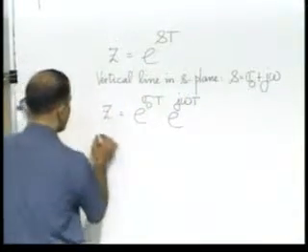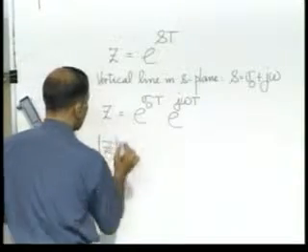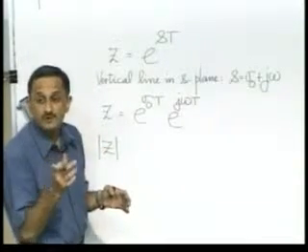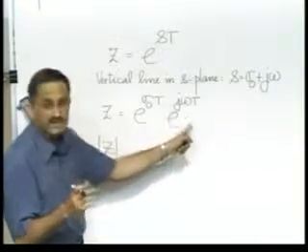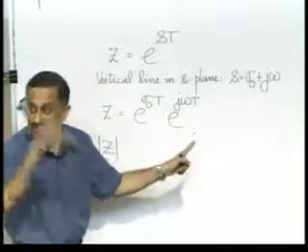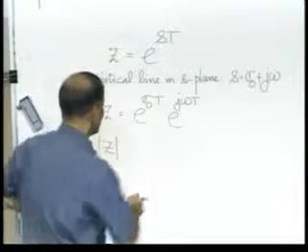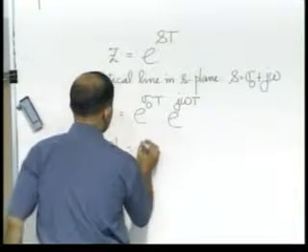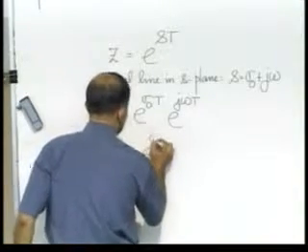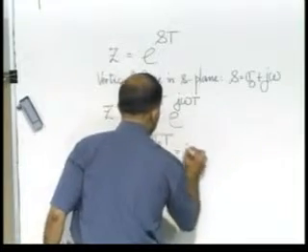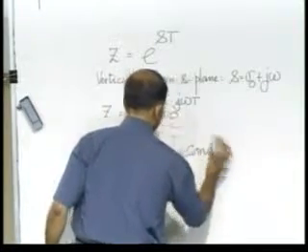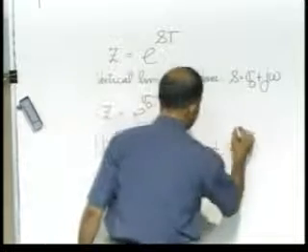So, clearly the magnitude of Z, you see, how do we get the contour or how do we get the curve? By eliminating the unknown variable or eliminating the variable part of it. So, mod Z is e raised to the power sigma 0 t, which is a constant. So, this is a circle centered at the origin.